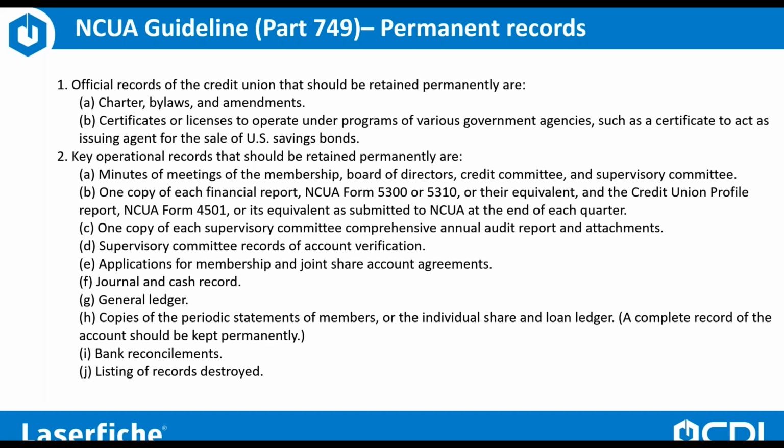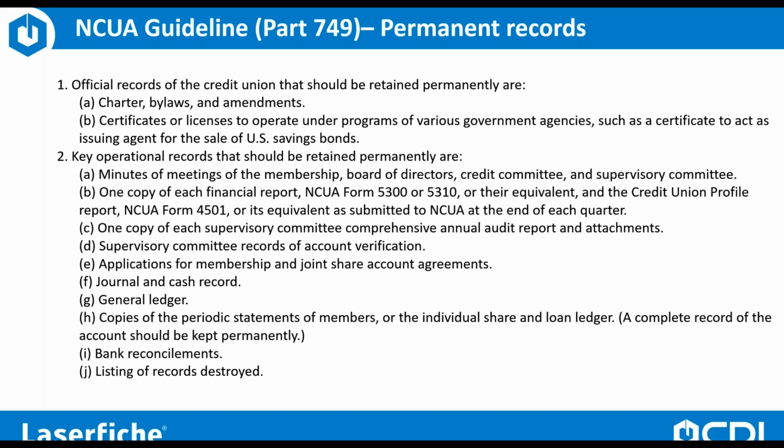As we look at this list, you can see there are a lot of records here that are to be permanently retained. Charters, bylaws, amendments, certificates or licenses. Some of the key operational records, such as meetings of membership, board of directors, credit committee, or supervisory committee. Your financial reports, such as your call report, the 5300 or the 5310, or an equivalent report.